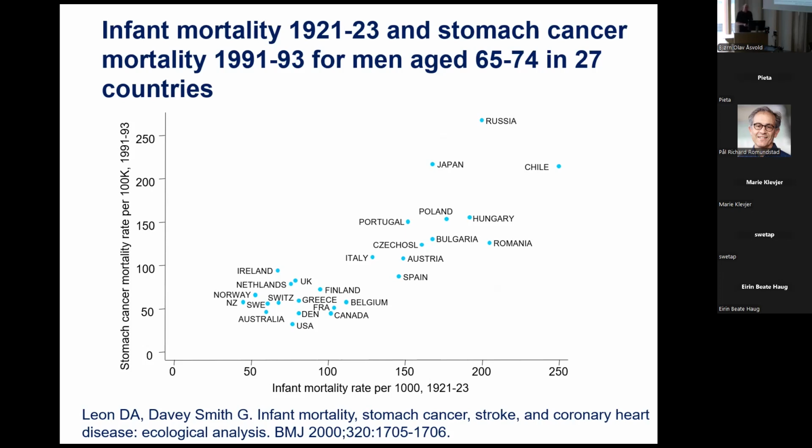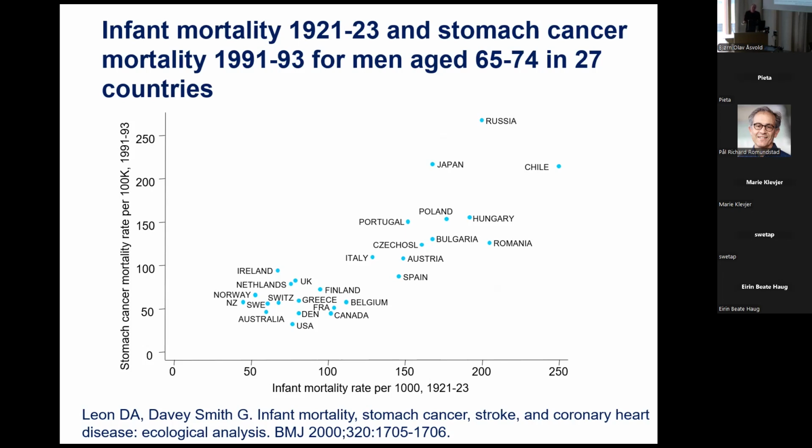Here's some very old school epidemiology that Dave Leon and I did many years ago, looking at the correlation of stomach cancer mortality in 1991 to 1993 with infant mortality 70 years before, for the median age of the deaths we were looking at. Of course, the children who died are not getting stomach cancer because they're dead.